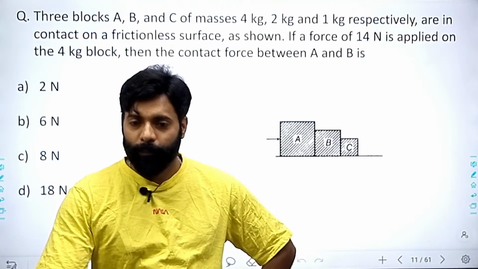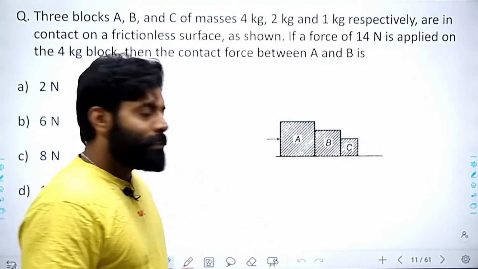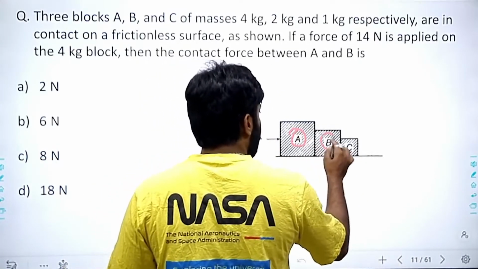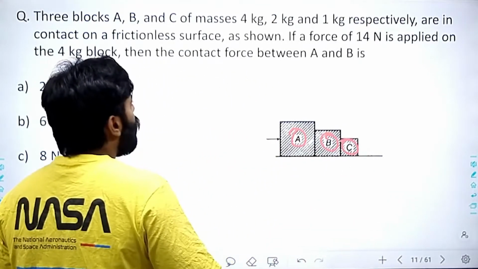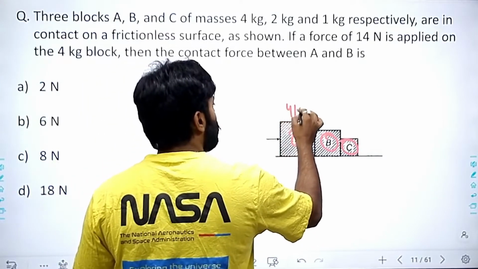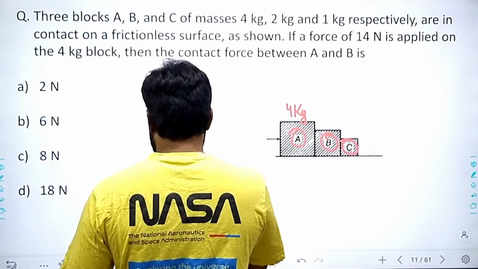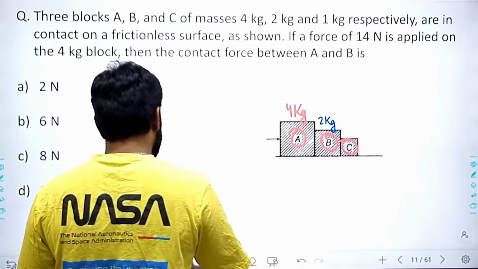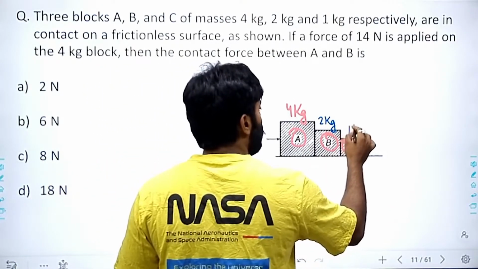Kindly solve. See, there are three blocks A, B, and C. Their masses: I can write this as 4 kg, this as 2 kg, and this as 1 kg.